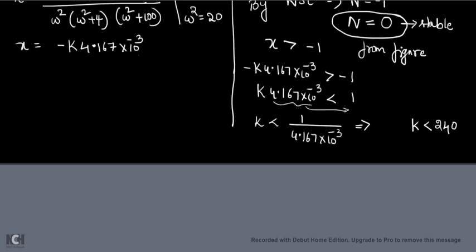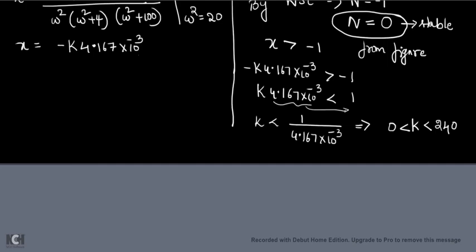So now you know that K is less than 240, and one more thing you know is that K should always be positive. It cannot be negative. K is always greater than 0, so one more thing I can add on the other side is K is greater than 0, because K means the gain of the control system.